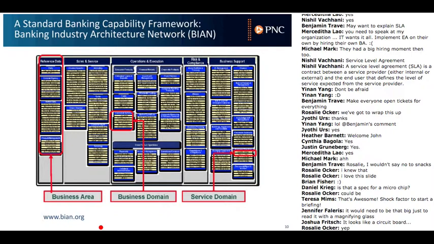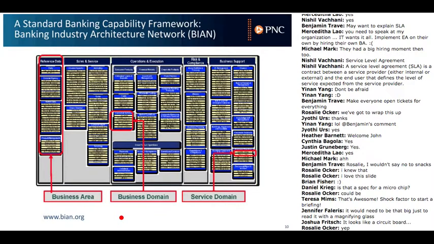And if you're in another industry, say the insurance industry, and there's some others around manufacturing, there are other standard industry capability models to be looked at and potentially used. So banking being the industry that I'm currently working in, this is the banking one primarily. IBM has another one.